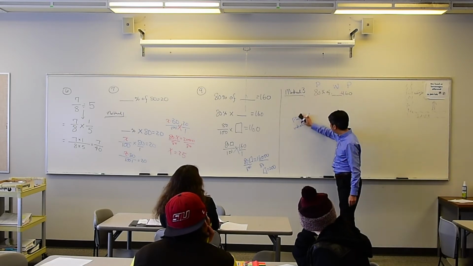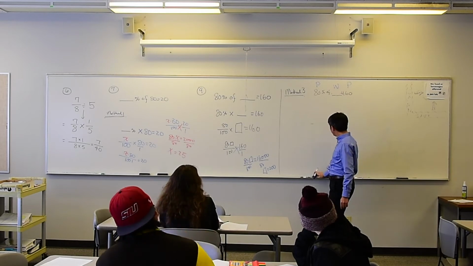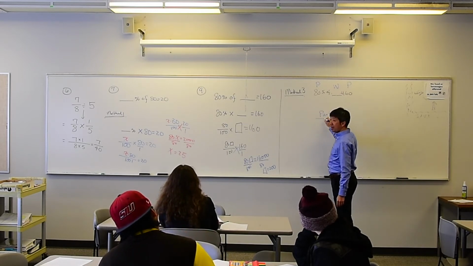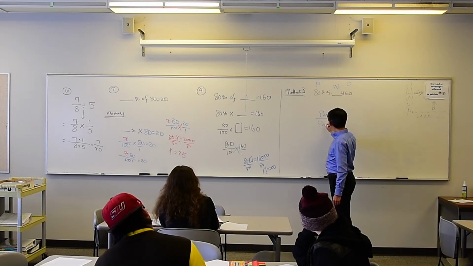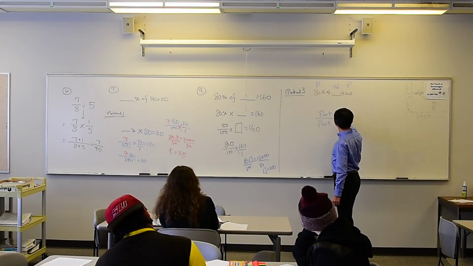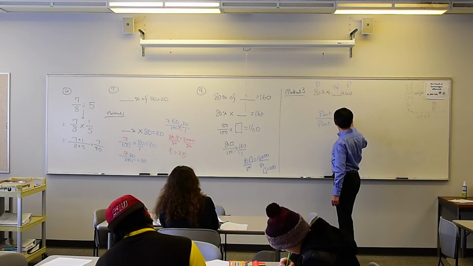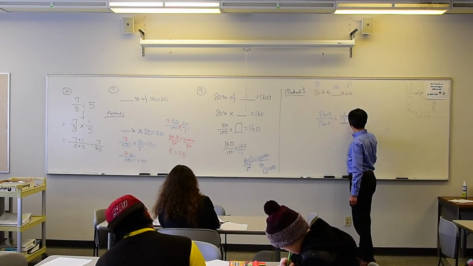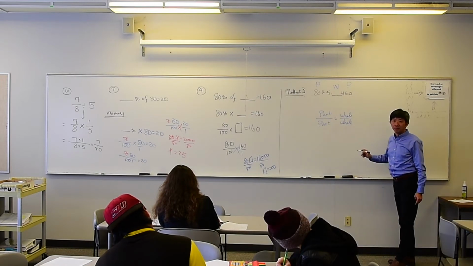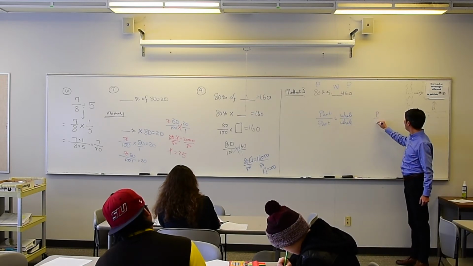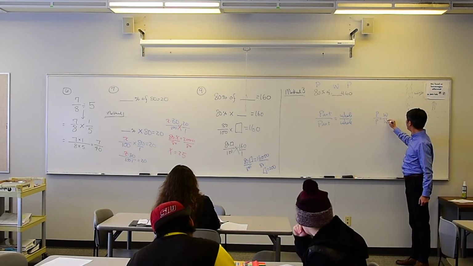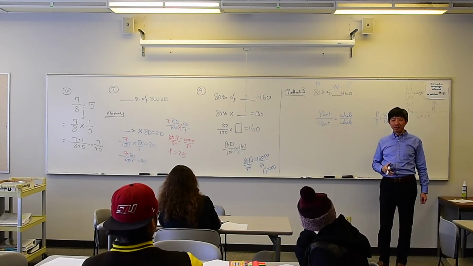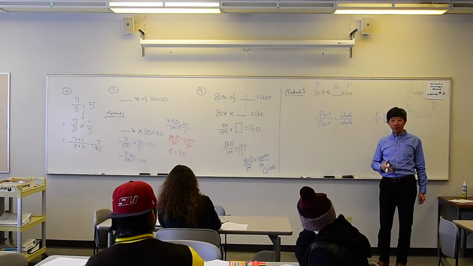All right. So now I will say part, whole, whole. Part over part is equal to whole over whole. Part, and whole. All right? Not part. Not whole.